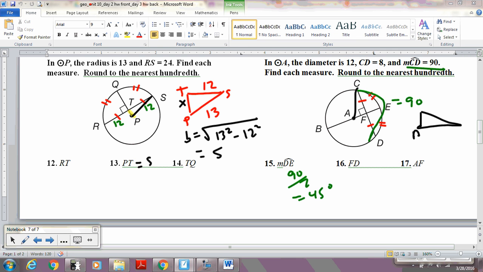Sorry, that's F, A, and C. The radius is 6. FC is 4. So AF is B again. So B is equal to the square root of 6 squared minus 4 squared, which ended up being some decimal.